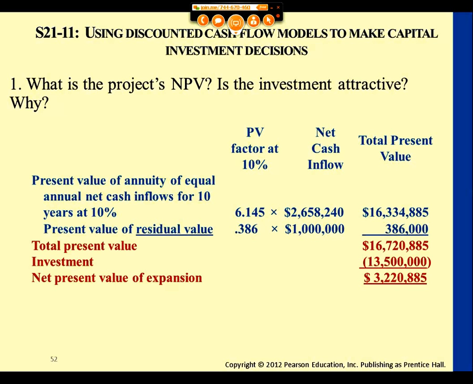So you multiply by PV factor 0.386, right? So am I going to use the annuity table or just the PV factor of $1? In the second case, residual. Okay, that's right. So multiply, and I get the total present value of the residual value, which I'm adding in.